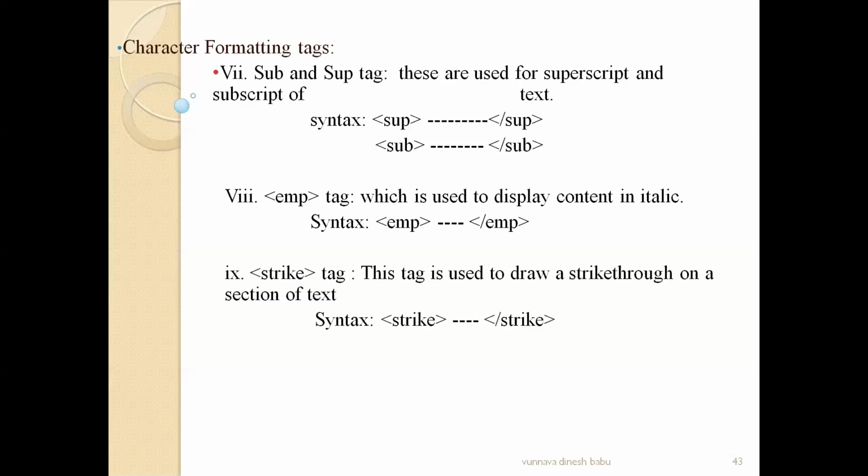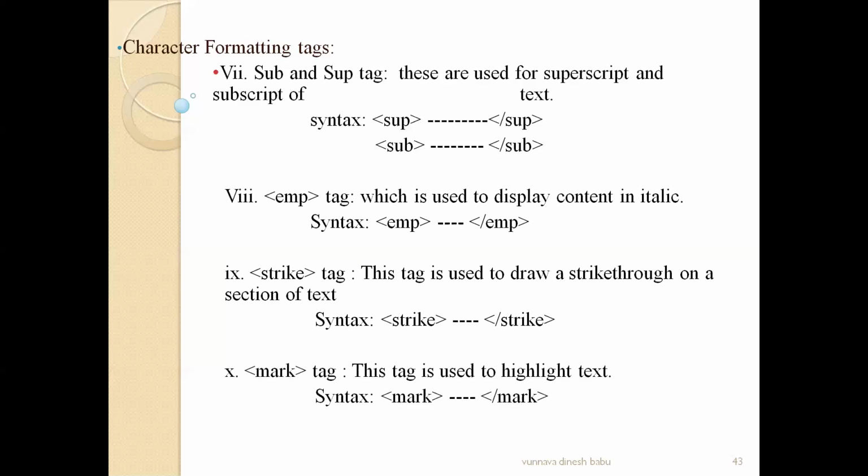Next one, strike. If we want to display some text on the screen with a strike on that particular text, we can use this tag called the strike tag, so that a particular text will be displayed and the text will be struck through.